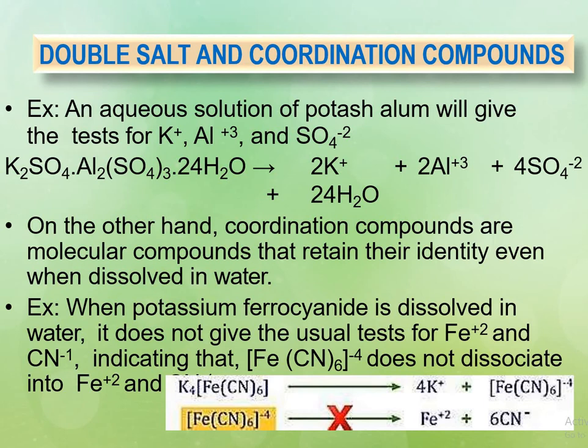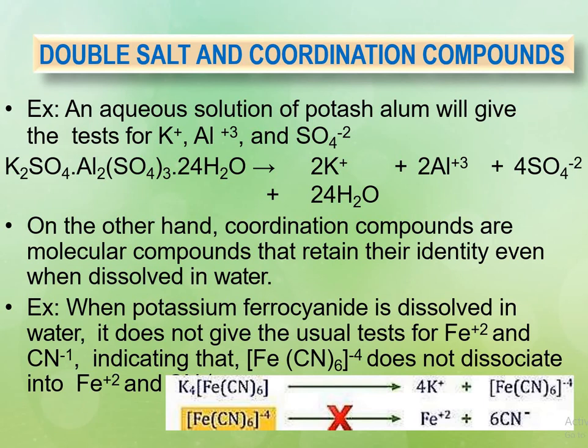Let us see now double salts and coordination compounds. An aqueous solution of potassium alum will give the test for potassium ion, aluminium ion, and sulfate ions. Why? Because it dissociates completely into its constituent ions. On the other hand, coordination compounds are molecular compounds that retain their identity even when dissolved in water.